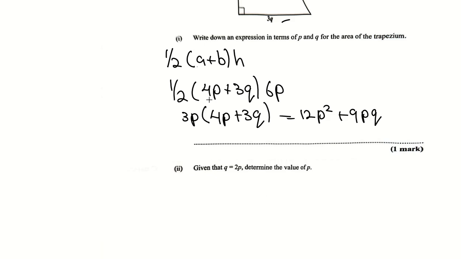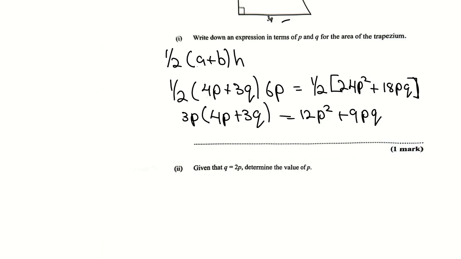So 6 4s are 24, and 6 3s are 18, so a half of 24p squared plus 18pq, and a half of 24p squared is 12p squared, and a half of 18pq is 9pq.